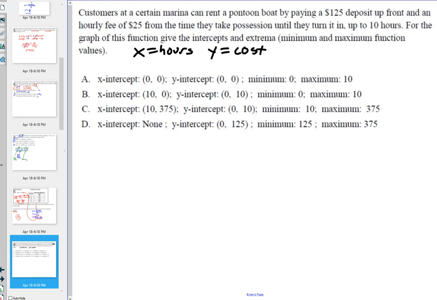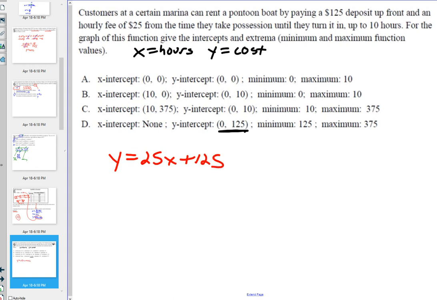So, sadly, it looks like that's not already going to give away my answer, but why is it? Like if I were to write the equation here, by paying a 125 deposit and an hourly fee of 25, this would be y equals 25x plus 125.